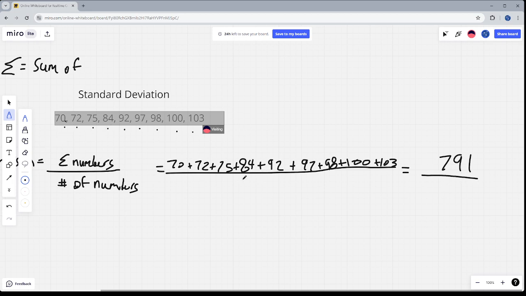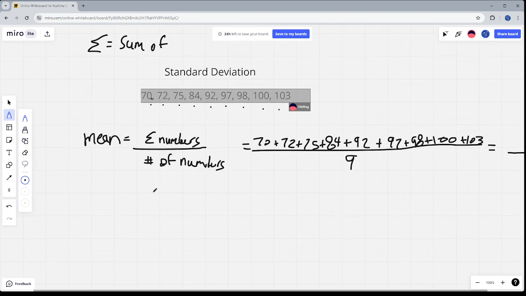So we're going to divide by 9. And let's see what our mean comes out to. 87.9. Cool. And just for the purpose of simplicity, we're going to round it up to 88.